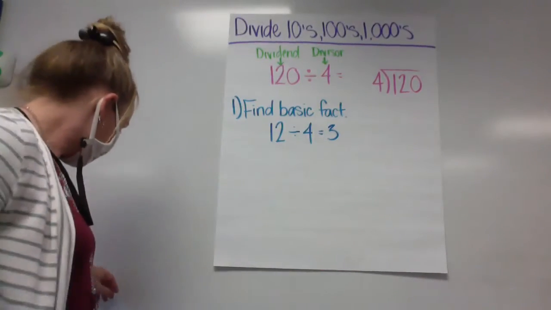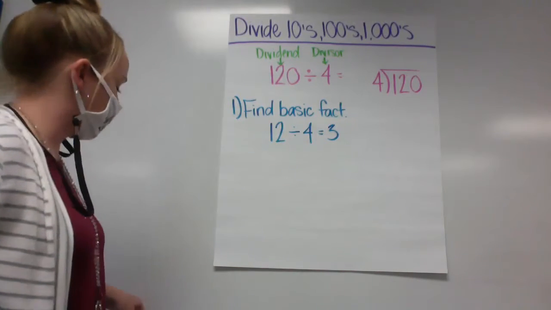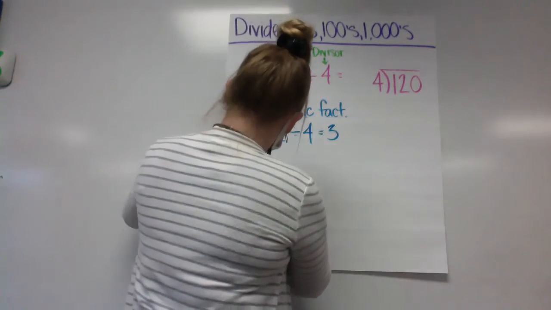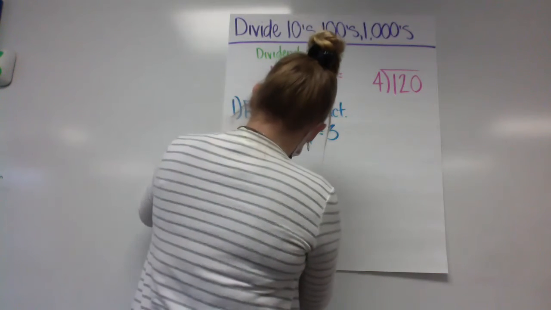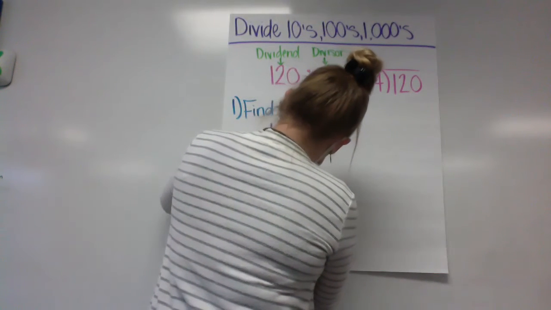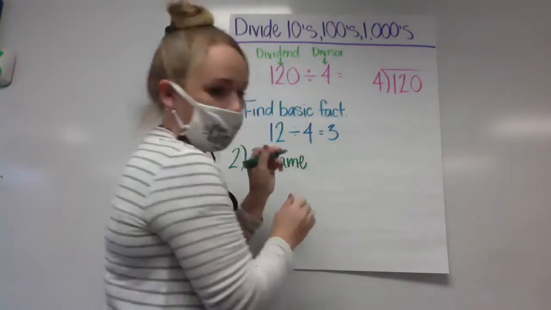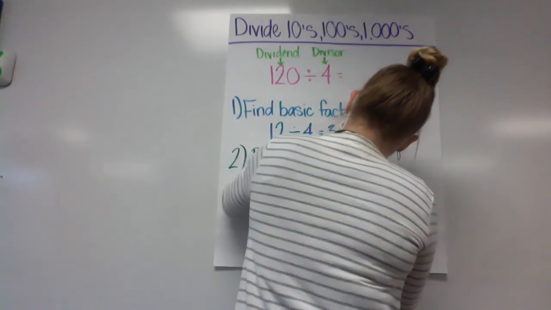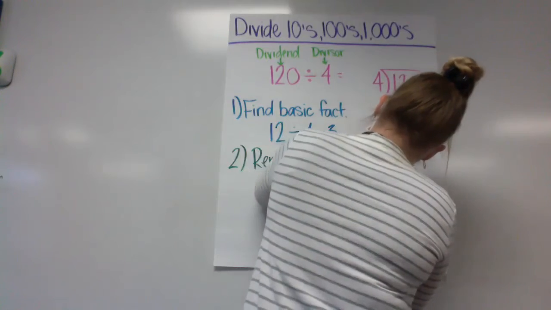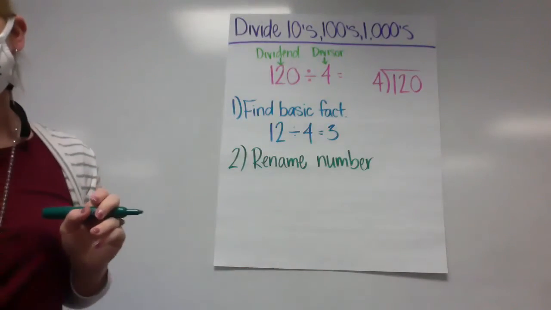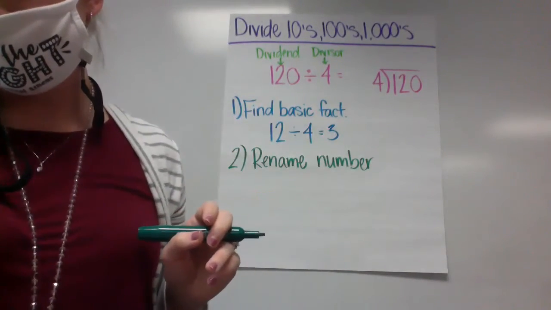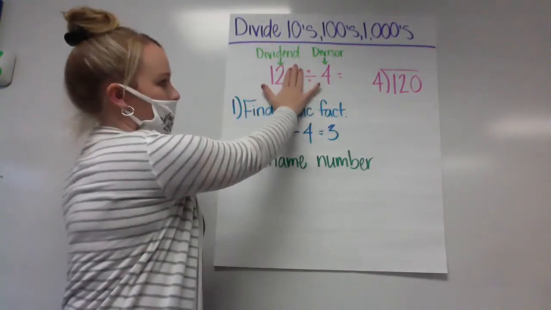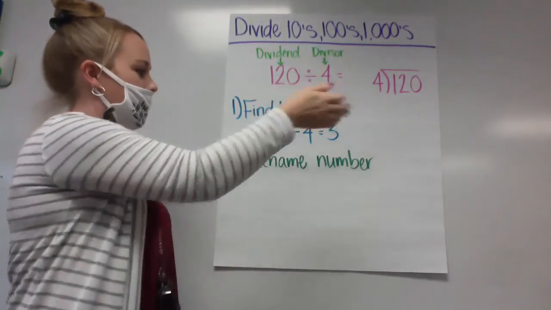So next, step 2. Step 2 is to rename the number. Because we looked at our basic facts, we took the 0 off and said 12 divided by 4 is 3, okay?